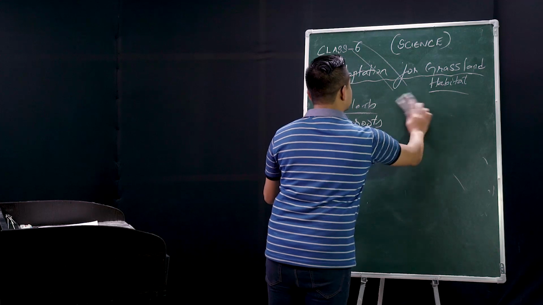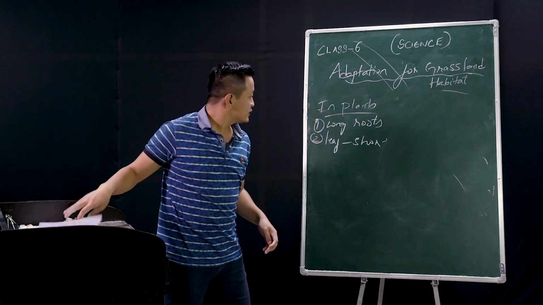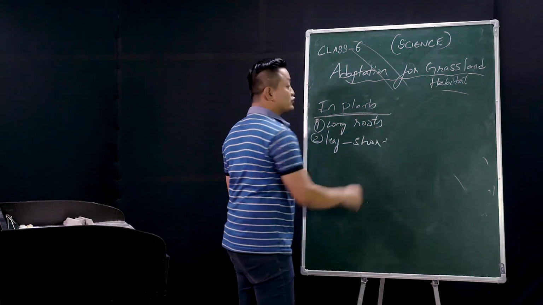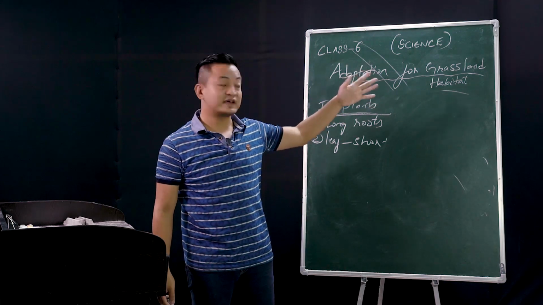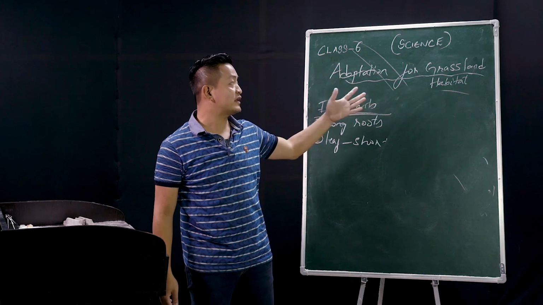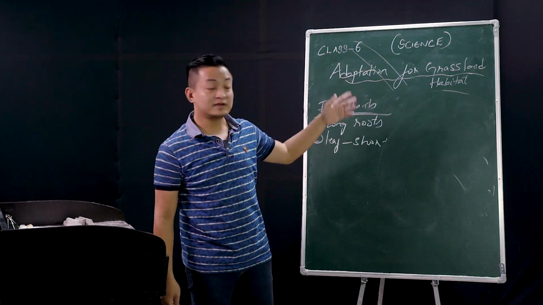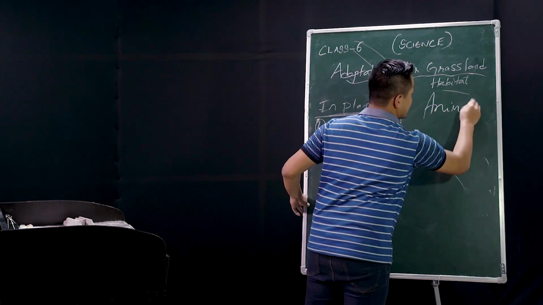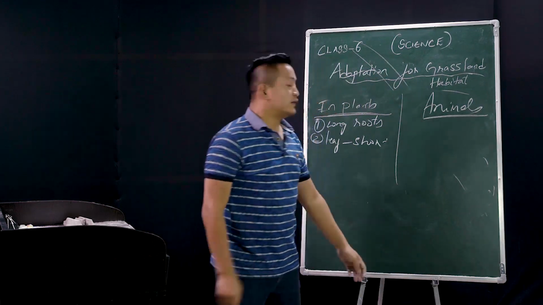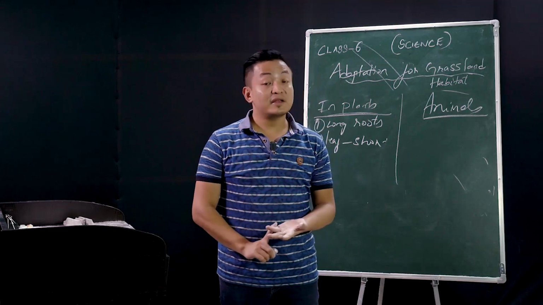Now we'll talk about grassland animals. Okay, those animals that have adapted themselves in the grassland. So we'll talk about animals. Now there are many examples.